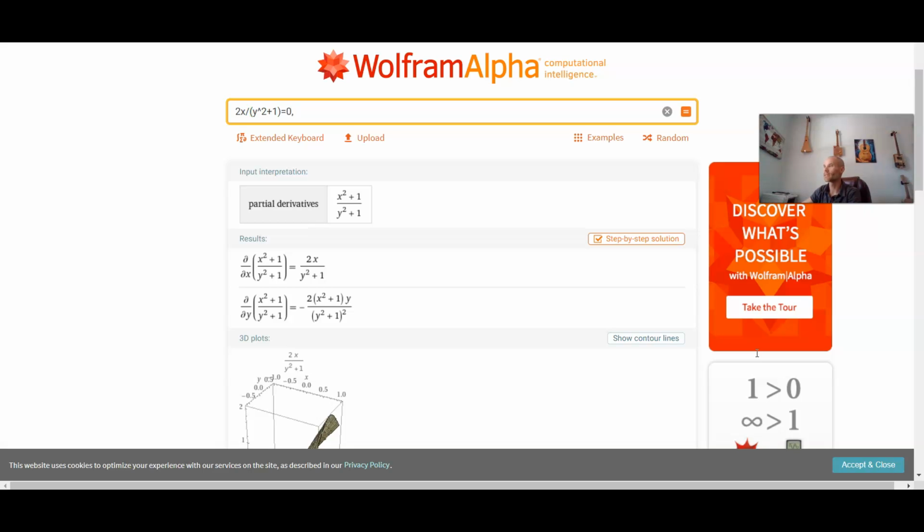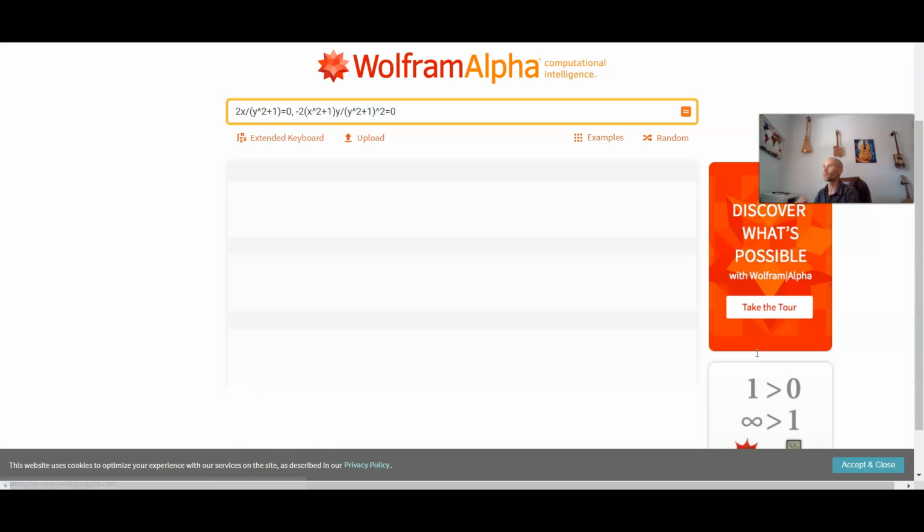And then comma, second equation, negative. And we don't need the numerator in parentheses. We could just type in negative 2 times x squared plus 1 times y divided by, and now, because there's just one term there and it already has parentheses, I can just do y squared plus 1 squared. Set that equal to 0 as well.